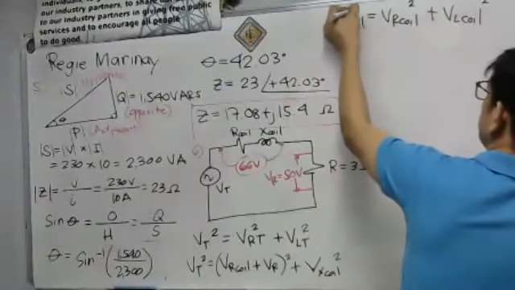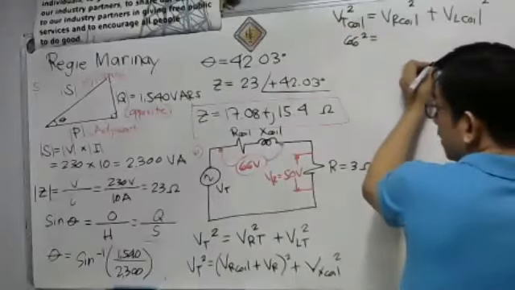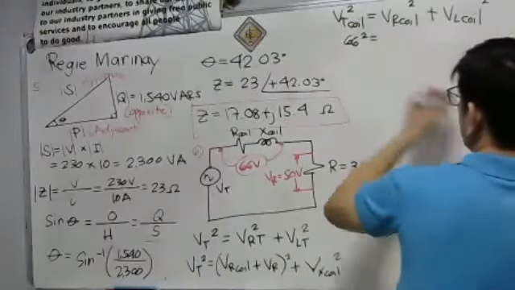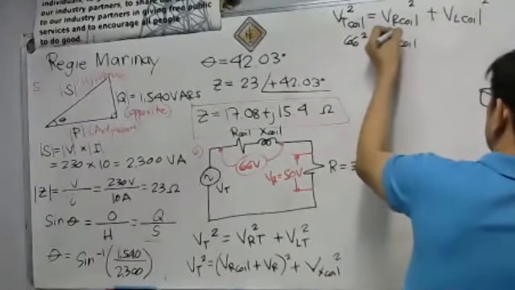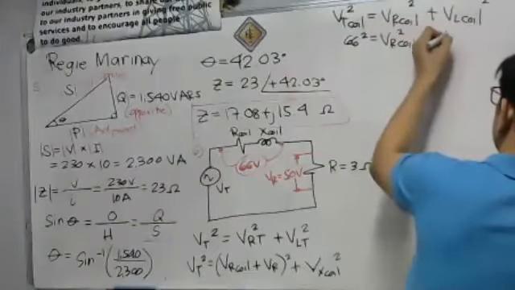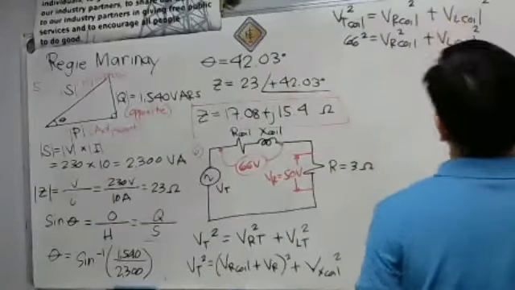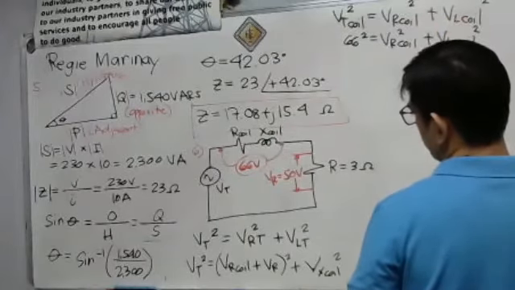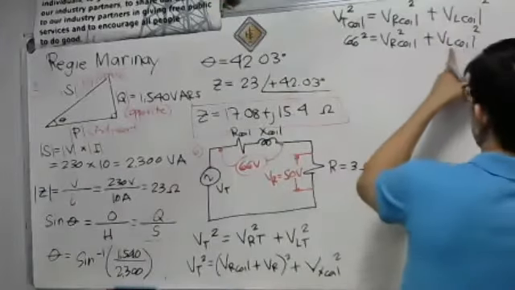So 66 squared is equal to VR of the coil, which is unknown here, squared, plus the VL of the coil squared.